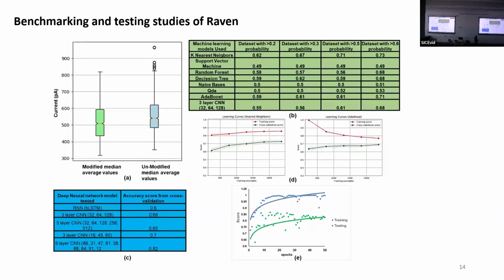Before I get into the modeling, you may be interested in whether there is a change in current. This distribution shows the current values for these 5 nucleotides, unmodified and modified. The modified cytosine exhibits lower current, while the unmodified exhibits higher current. And this is not for one nucleotide.